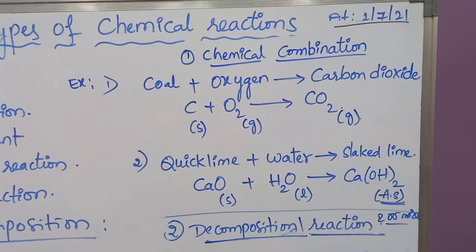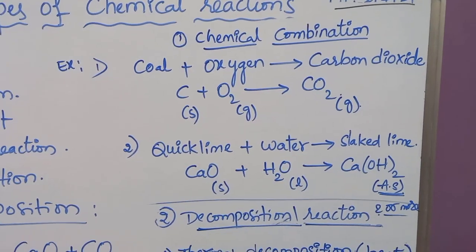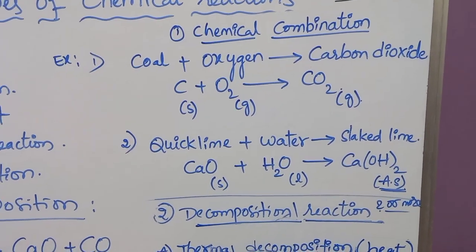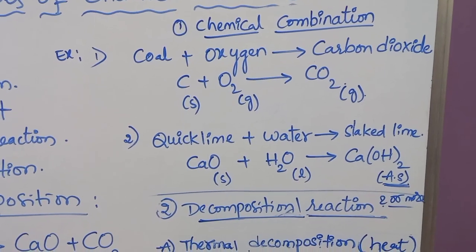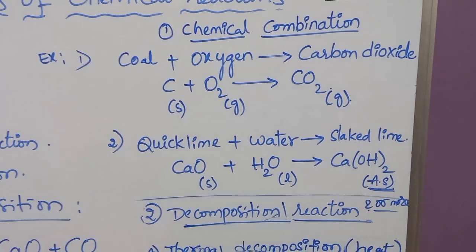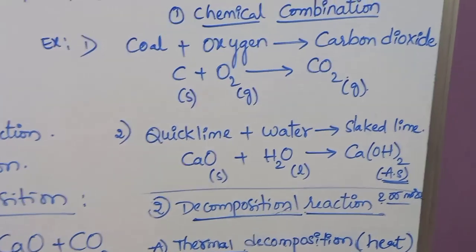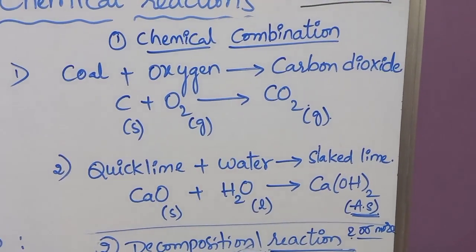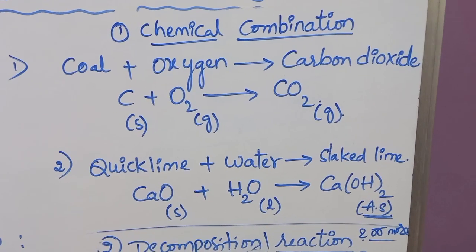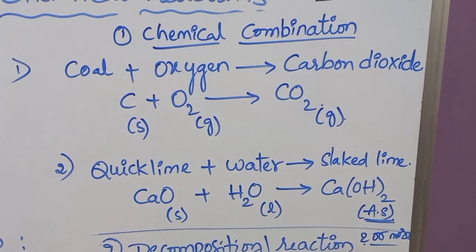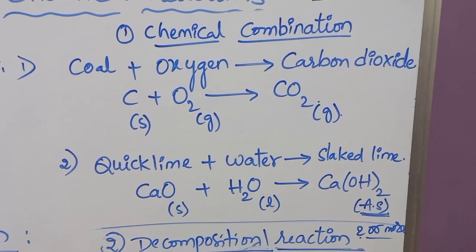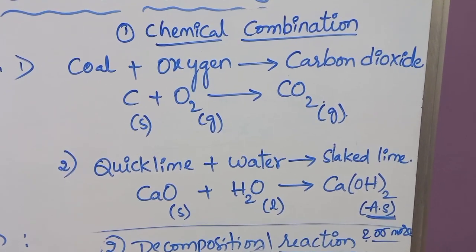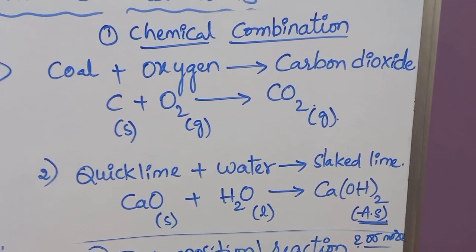First one is chemical combination. A reaction in which a single product is formed from 2 or 3 reactants is known as a chemical combination reaction. So, as you can see here, example number 1, coal plus oxygen gives rise to carbon dioxide, where you can find the formation of only one new product, that is carbon dioxide, from the 2 different reactant substances.